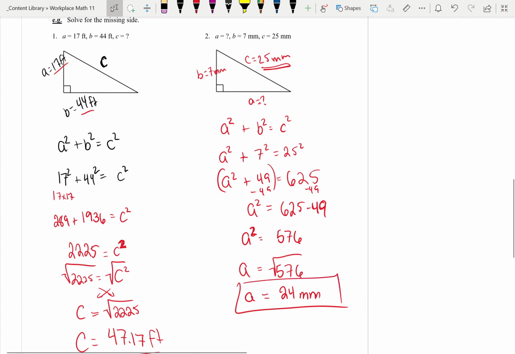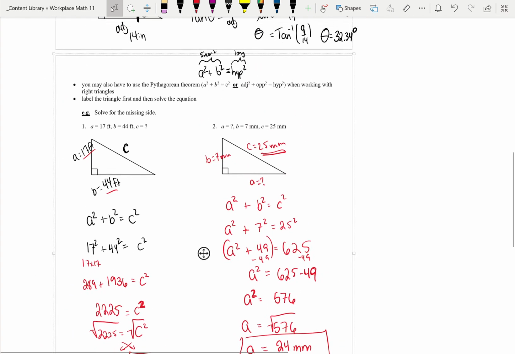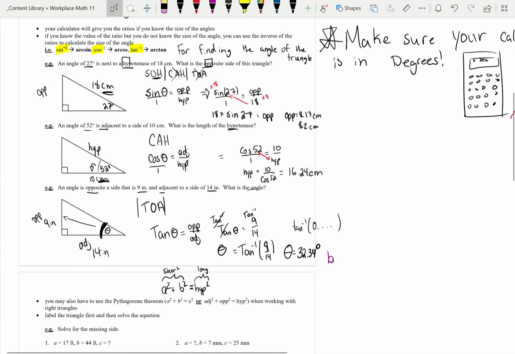And really, those are the two big skills that we're going to be using. The one other thing you can add as a note for yourself is angles in a triangle add up to 180 degrees. So say in a question up here, there was a part B, and I asked, what is the other angle?